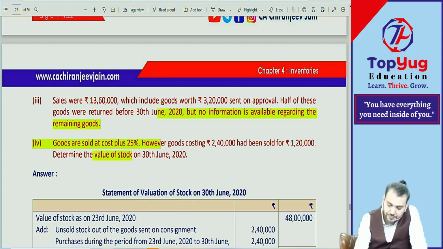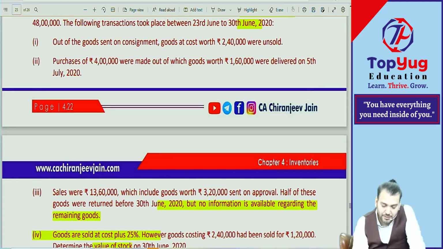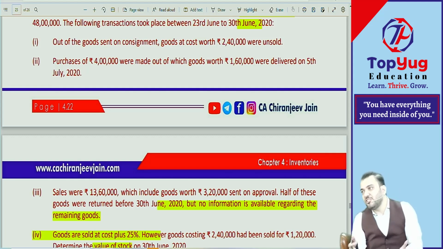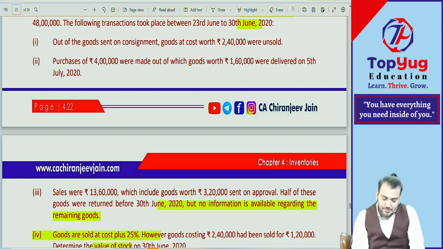One point we left. Acha, one minute. This point number 2: what they have purchased during that period was 4 lakh, out of which 1 lakh 60,000 were delivered on 5th June. Means how much delivered? 4 lakh minus 1 lakh 60,000, 2 lakh 40,000. That will also be added now, because that purchase was done after 23rd June. That was not counted. That will also be added, correct now.